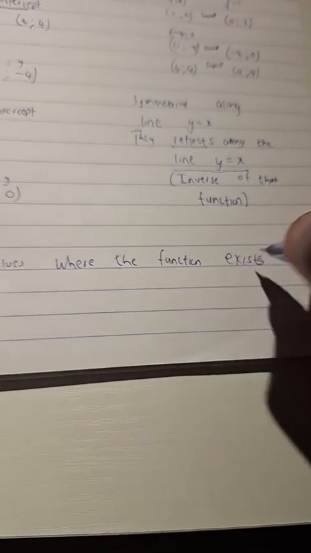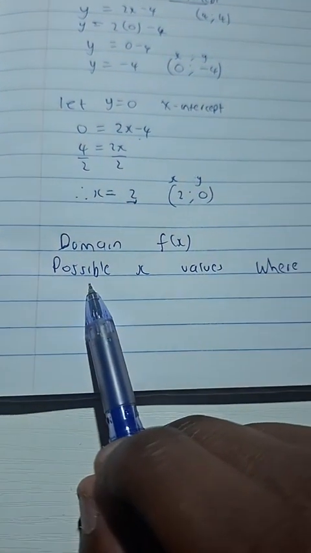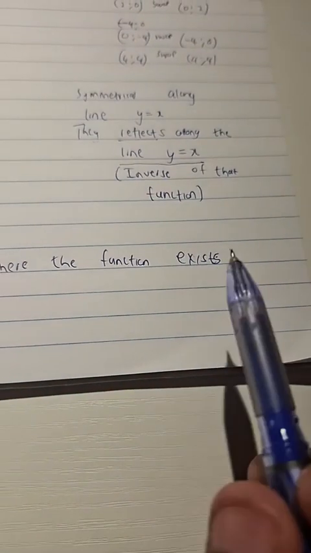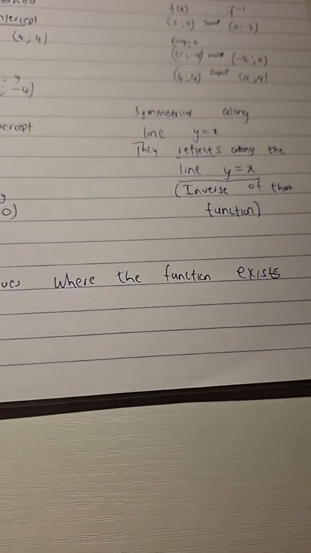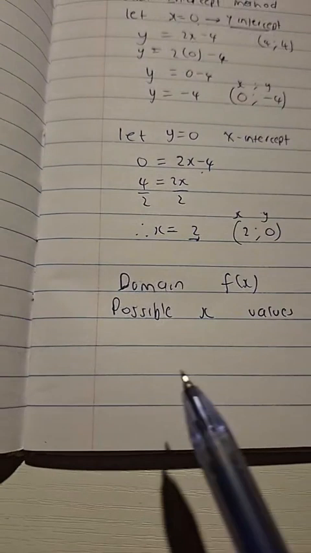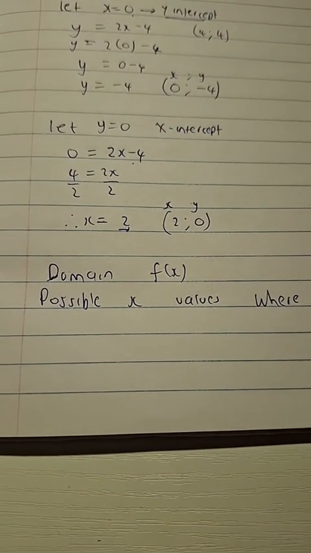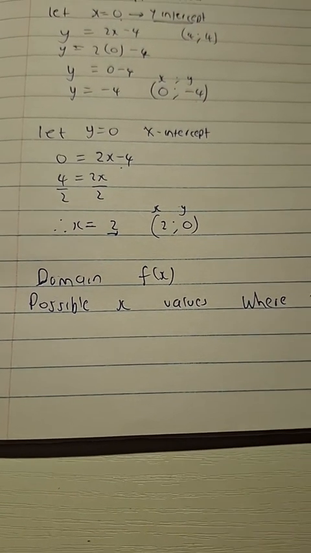So what are we saying basically? We are looking for which x values this function actually exists. Where do we see the function existing? Does it exist everywhere for x, or are there certain places where for x it does not exist?